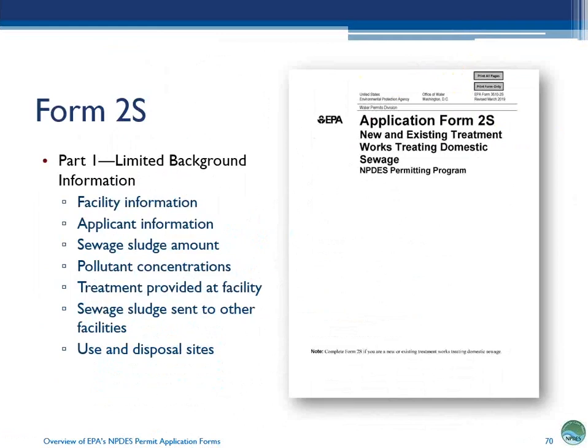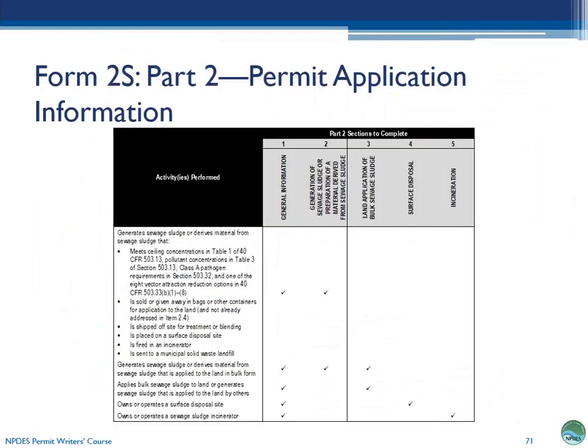Part 1 requests a limited amount of information. It is intended to allow the permitting authority to identify these facilities, track sewage sludge use and disposal, and establish priorities for permitting. Part 2 is divided into 5 sections. Section 1 pertains to all applicants. The applicability of sections 2 through 5 depends on the facility's sewage sludge use or disposal practices.